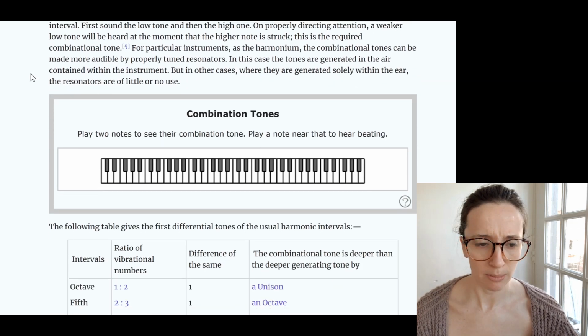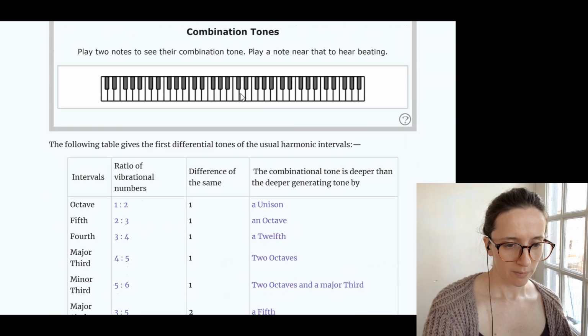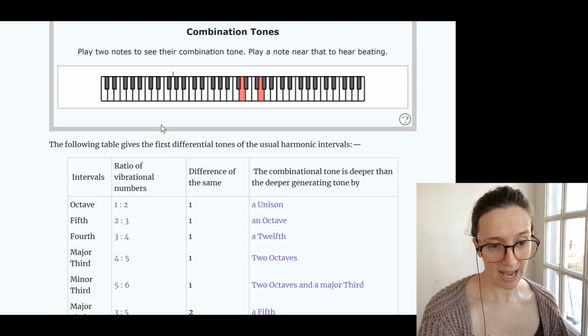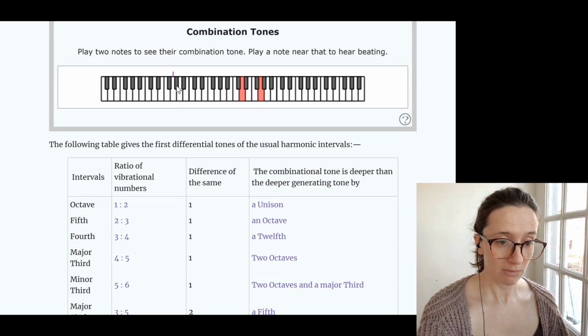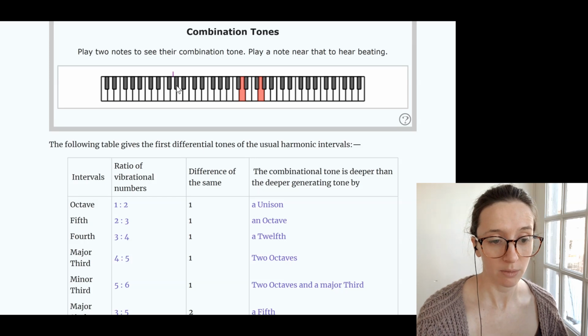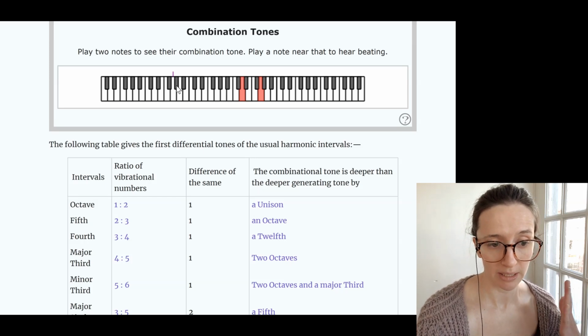Let's try and hear some combinational tones here. So this note with the hash mark above it is our differential tone. If we play a note a half step up, we should hear some beating from it.